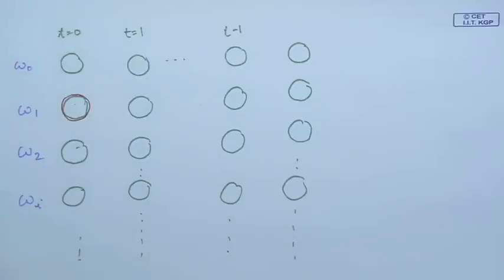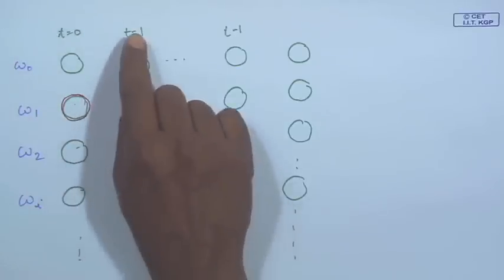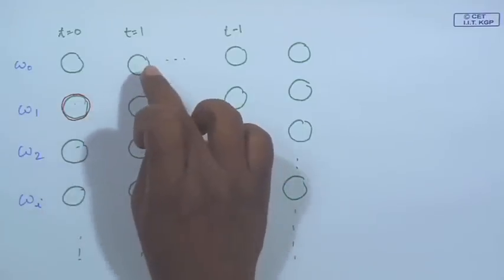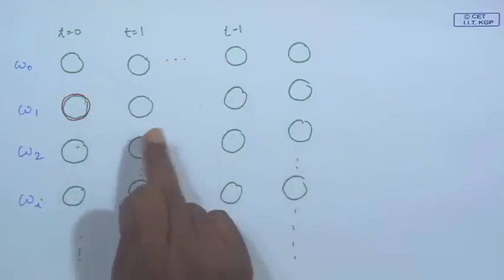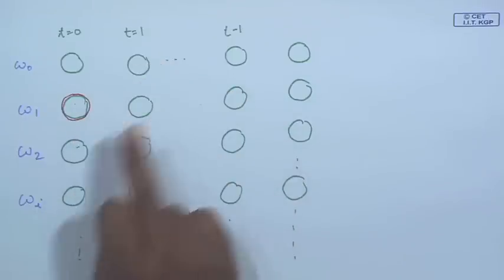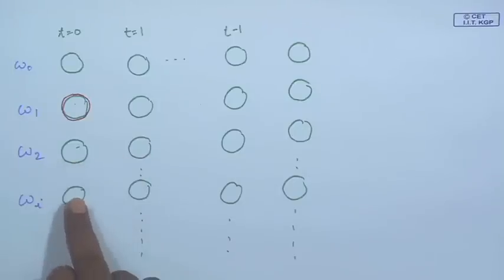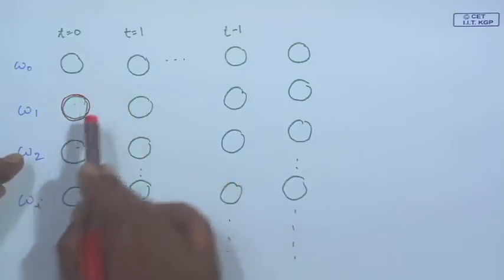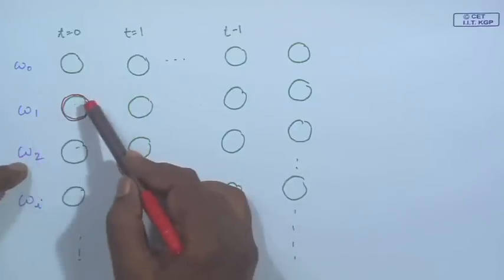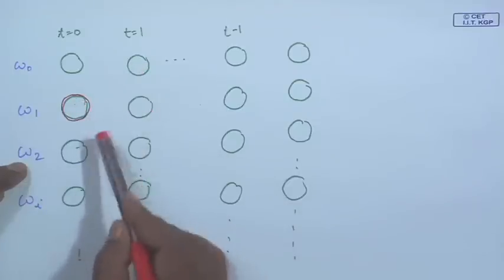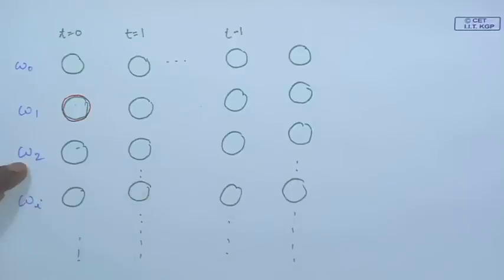Then I can find out at t equal to 1 what is the probability that the machine will be in state omega 0, what is the probability that the machine will be in state omega 1, in state omega 2, in state omega I, and so on. The reason is, from omega 1 it is possible to make a transition to omega 0, to omega 1, omega 2, omega I, like this.